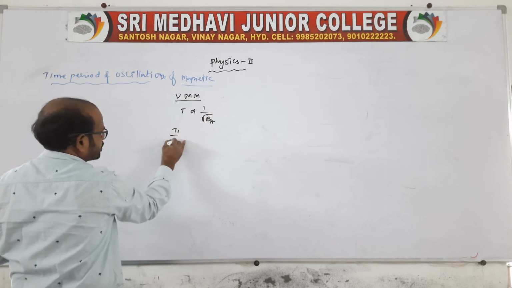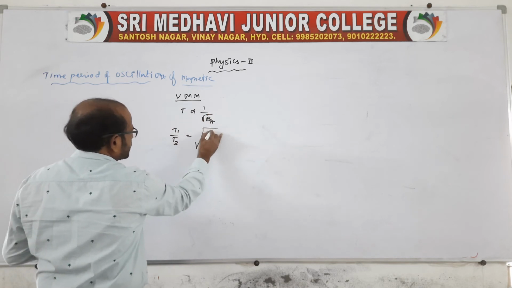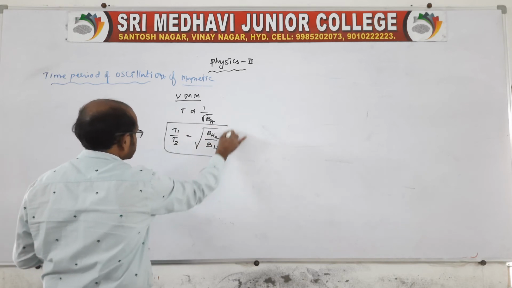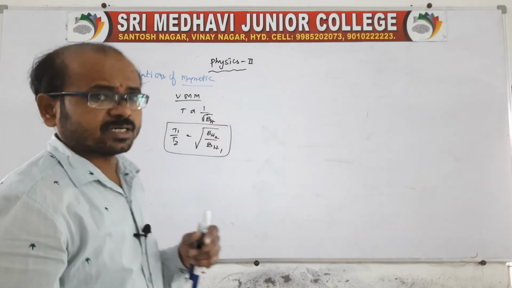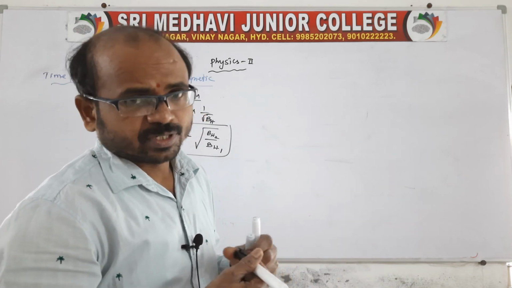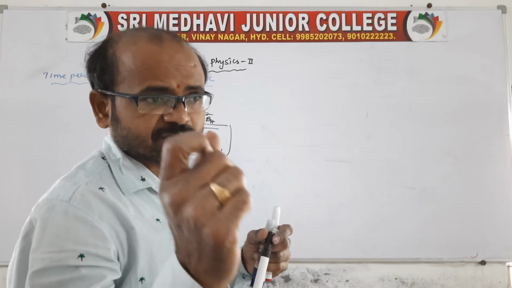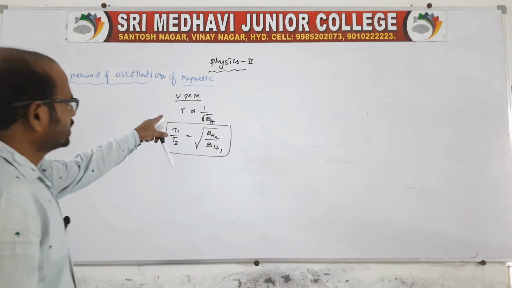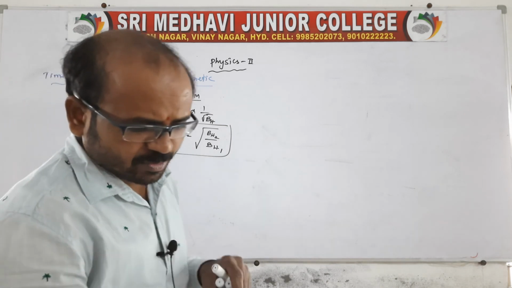So T1 by T2 is equal to root over BH2 by BH1, because the horizontal component of the earth's magnetic field changes from place to place. This is very important: the horizontal component of the earth's magnetic field changes from place to place.